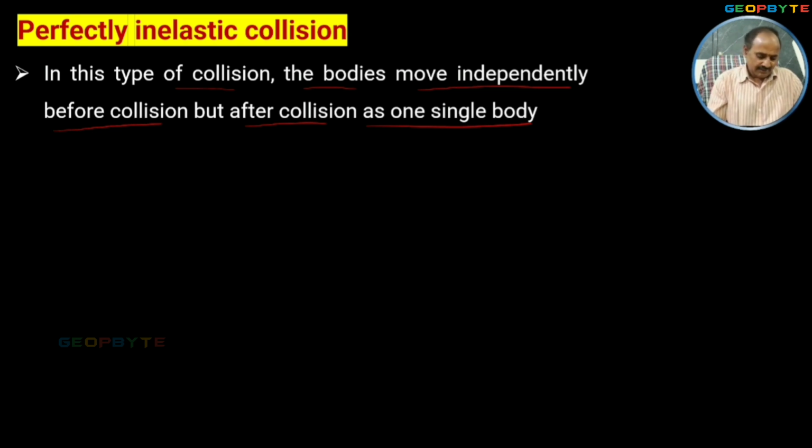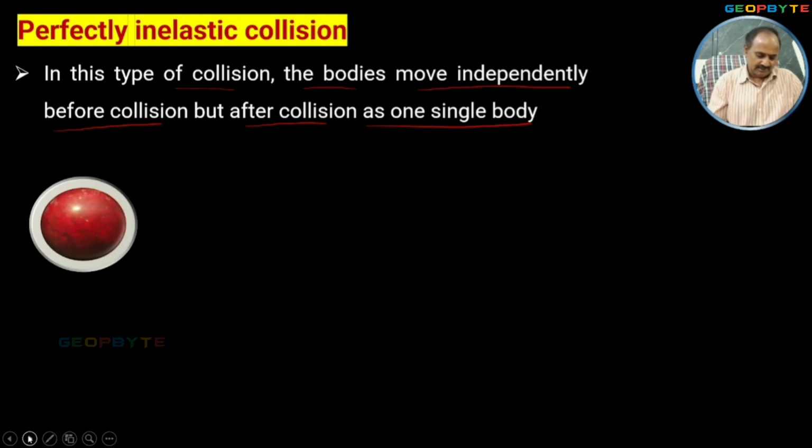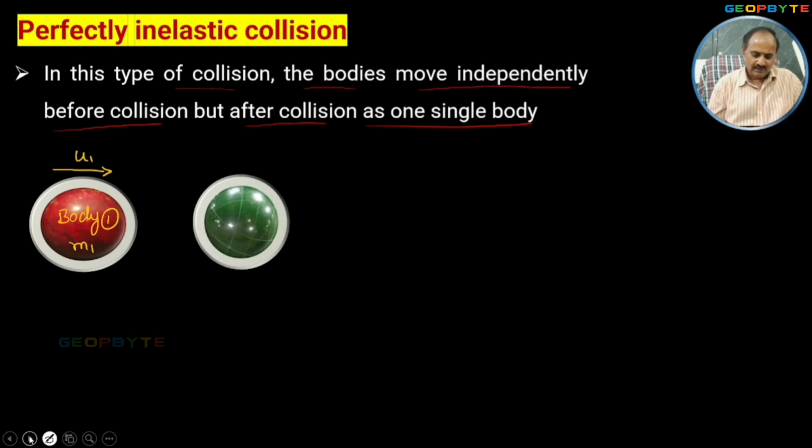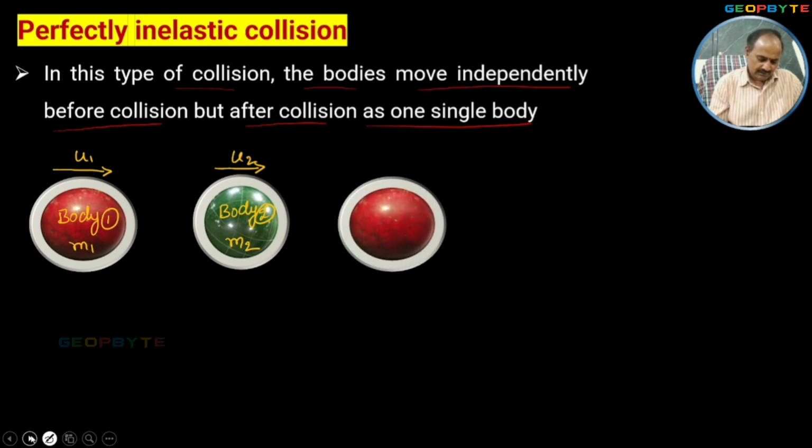Okay. Having that introduction, let us take the two bodies. Let this be body 1, of mass m1 maintaining the velocity u1, colliding with another body, body 2, of mass m2 with a velocity u2. Both are colliding.